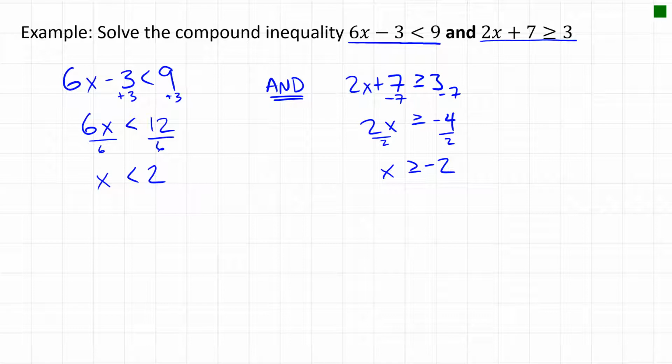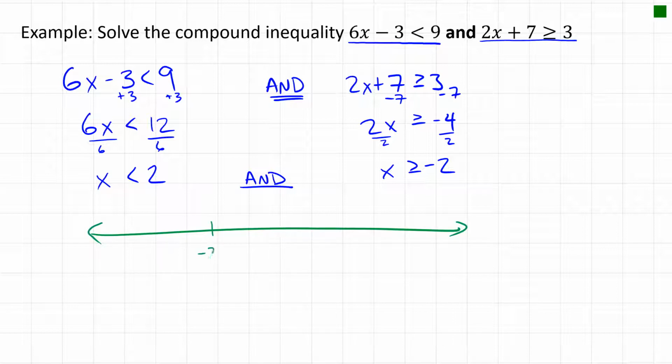So this is a possible way to say our answer. However, it's not the best way that we could say our answer: x is less than 2 and x is greater than or equal to -2. I'm going to demonstrate that by drawing a number line here with -2, 0, and +2. Over here, we're told that x is less than 2, so that means any value less than 2.